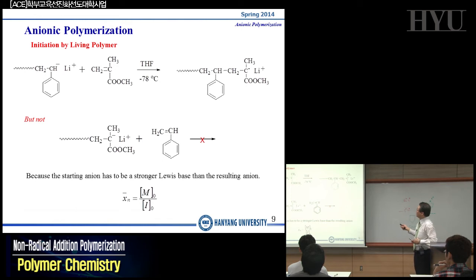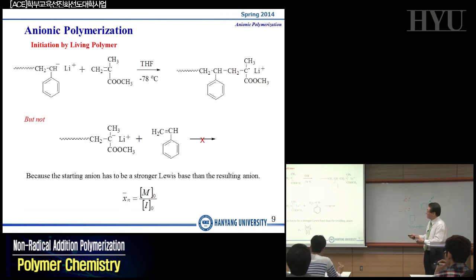But this growing chain, although it has the negatively charged end, cannot attack styrene, because the initiator chain end is a Lewis base, and the strength of this base is stronger than this one. So this one is a little weaker and cannot attack this monomer.